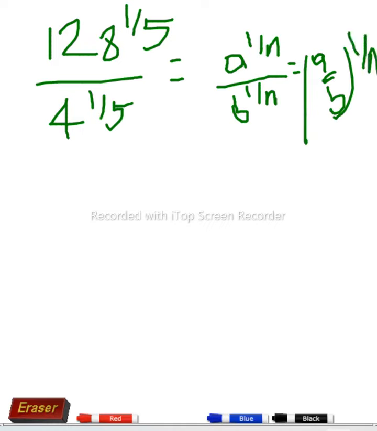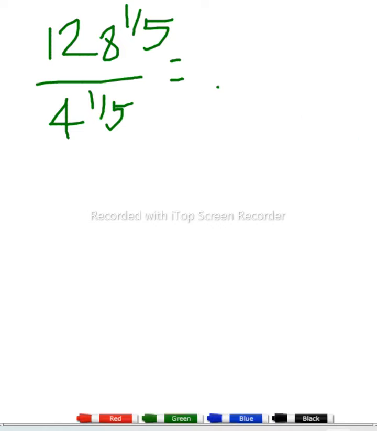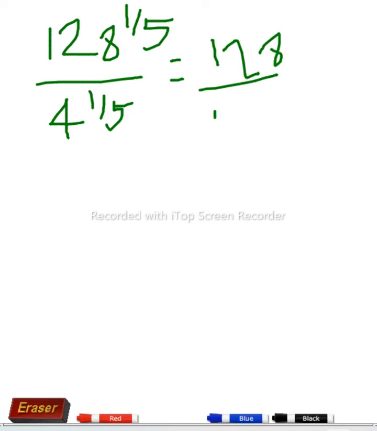So by using this formula, we can do this question. They have a common power, so we take 128 over 4, the power of 1 over 5.